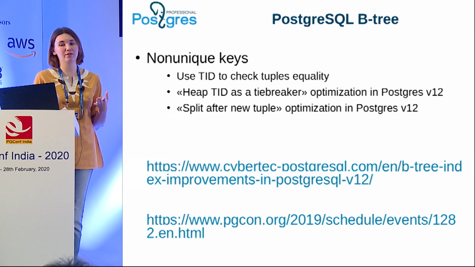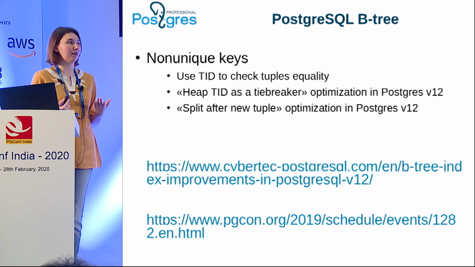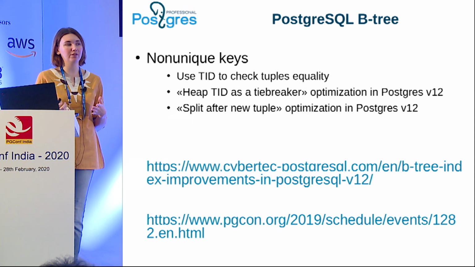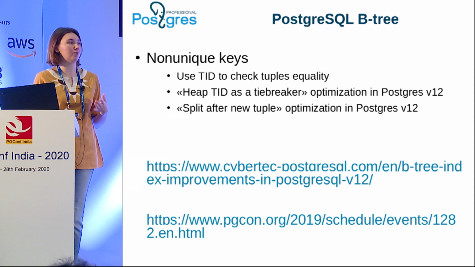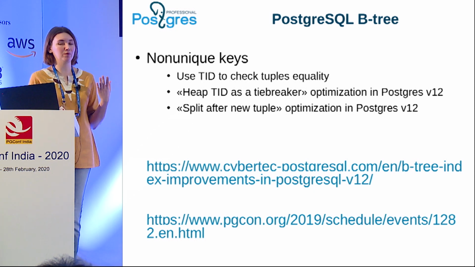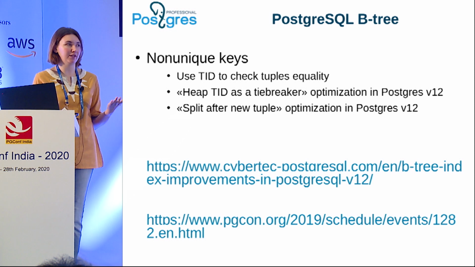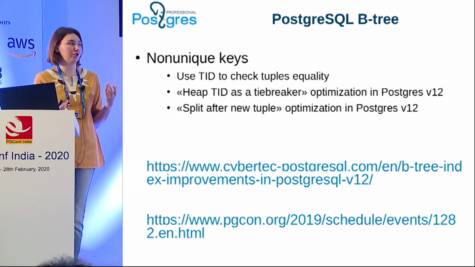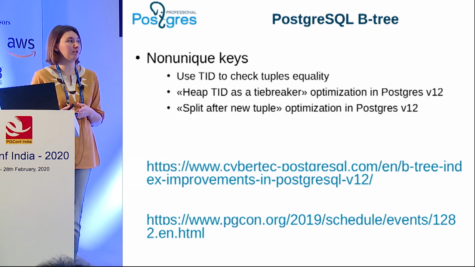In Postgres 12, this stuff was heavily optimized. It's mostly internal optimizations, so they are not exposed to user level. You cannot set them up or something. They're just there. And unfortunately they're out of scope for this talk. If you want to learn more about them, you can check this article or Postgres documentation.